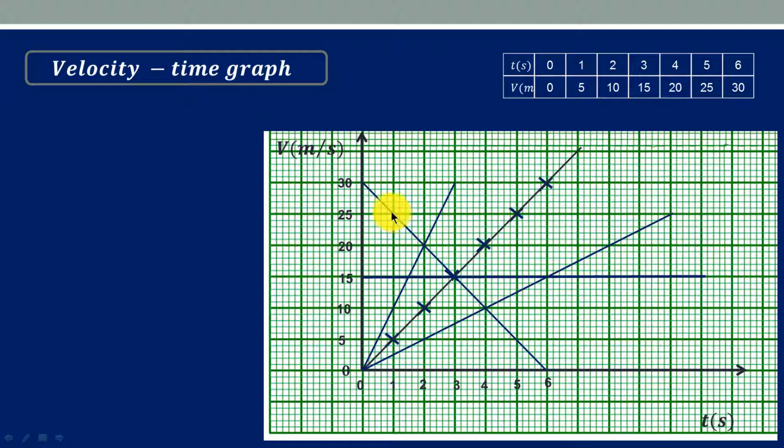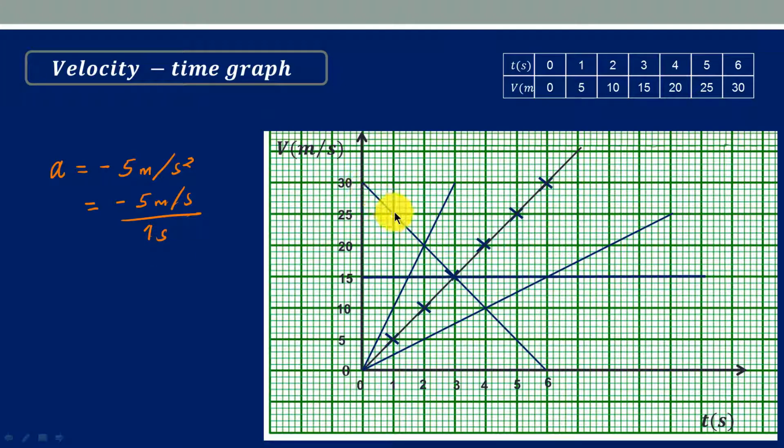And this is what we considered when we were looking at an acceleration of minus 5 meters per second squared. This means that this is minus 5 meters per second divided by 1 second. It means that the velocity of the object is decreasing by 5 meters per second every second.